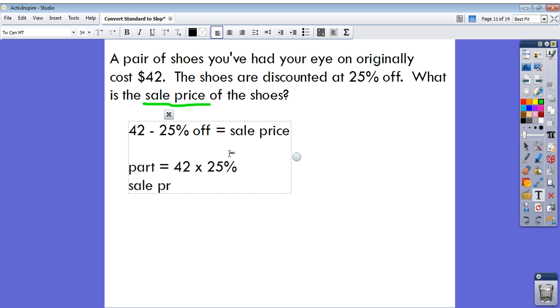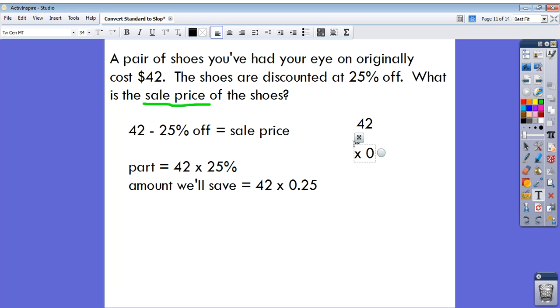So our discount, the amount we'll save, is equal to $42 times 0.25. Let's go ahead and do that over here. 42 times 0.25. And again, we don't have to worry about lining up our decimals.